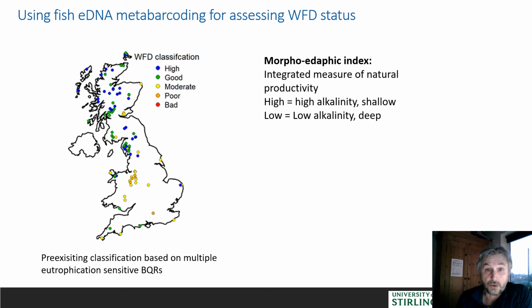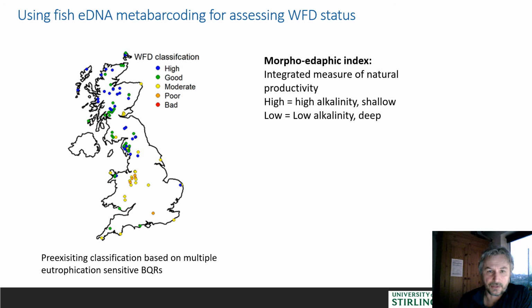So we've used our data sets of 101 lakes to explore this question. For all lakes, we had pre-existing WFD classifications based on a number of different assessment methods, so not fish. You can see this on the left-hand side here. We then explored whether various metrics which we could extract from the semi-quantitative eDNA metabarcoding dataset would show response to quality status.